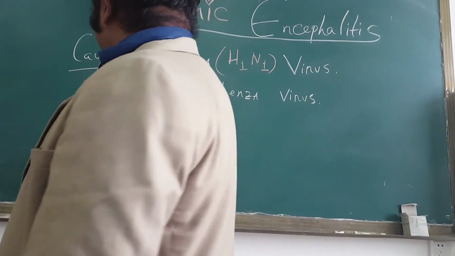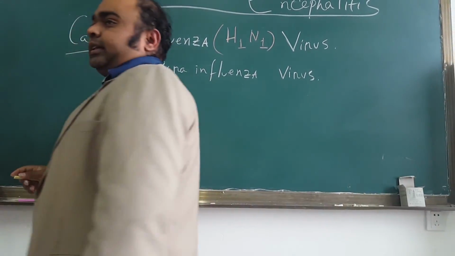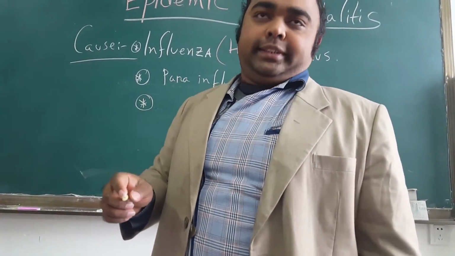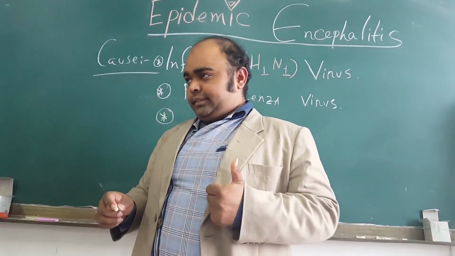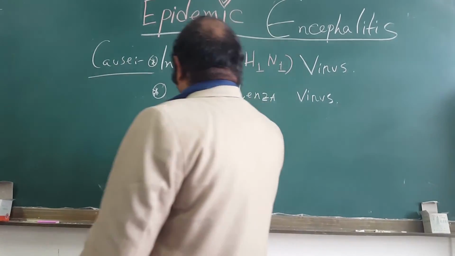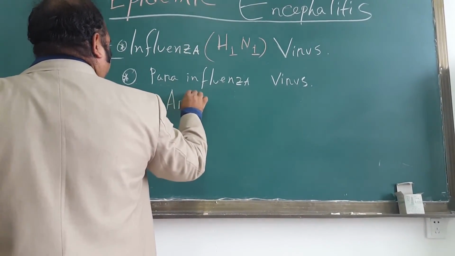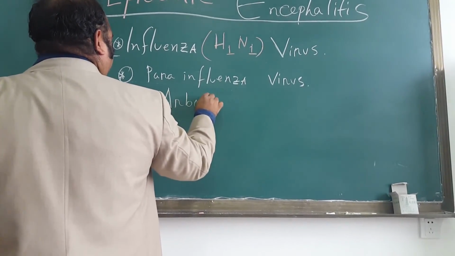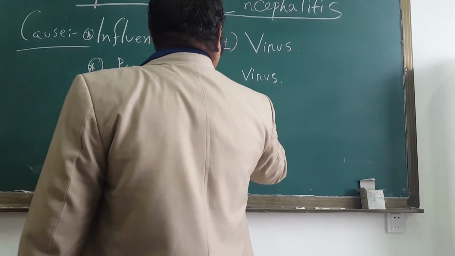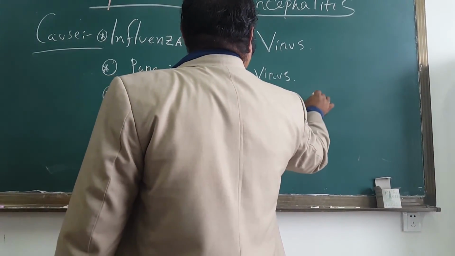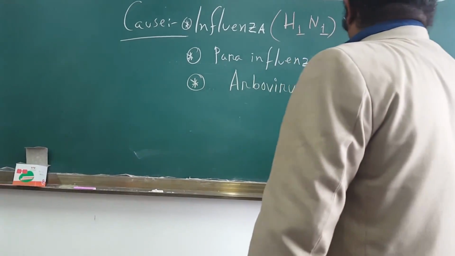But there is also another very important cause throughout the world, called Japanese encephalitis, which basically occurs in children. So Japanese encephalitis is caused by arbovirus.